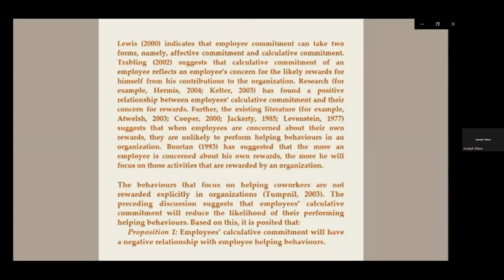Further, the existing literature, for example, Alfred 2003, Cooper 2000, Jackie 2005, and Davinscon 1977, suggests that when employees are concerned about their own rewards, they are unlikely to perform helping behaviors in an organization. Now, Bruton 1993 has suggested that the more an employee is concerned about his own rewards, the more he will focus on those activities that are rewarded by an organization.